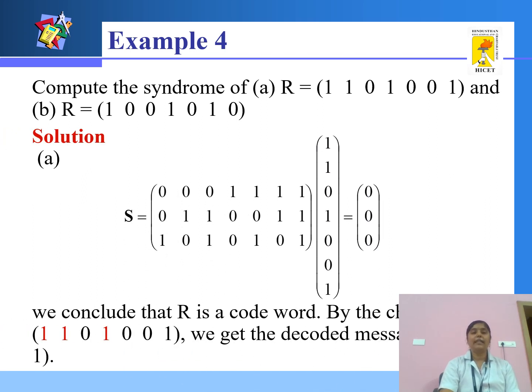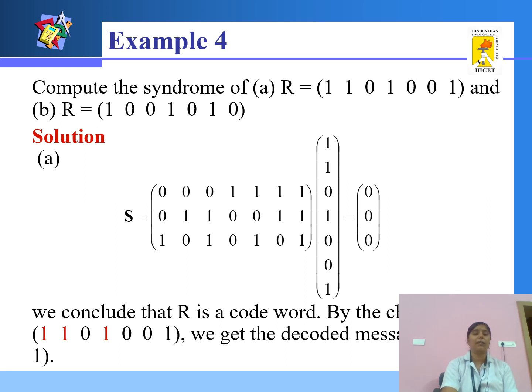So the solution is S is equal to the matrix with first row 0, 0, 0, 1, 1, 1, 1, the next row 0, 1, 1, 0, 0, 1, 1, and the third row 1, 0, 1, 0, 1, 0, 1, multiplied by the column matrix 1, 1, 0, 1, 0, 0, 1, which is equal to 0, 0, 0.